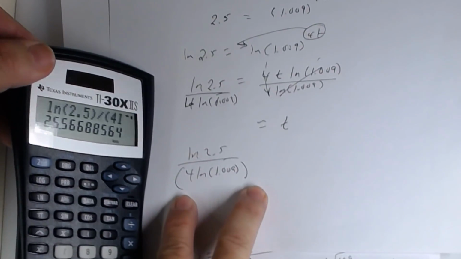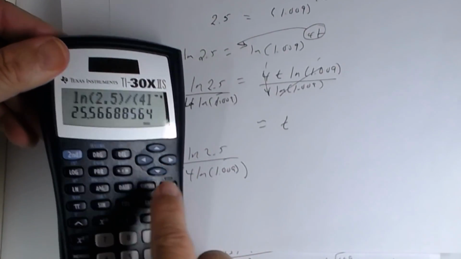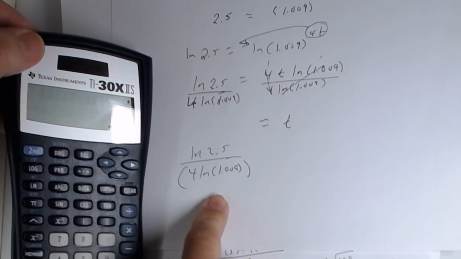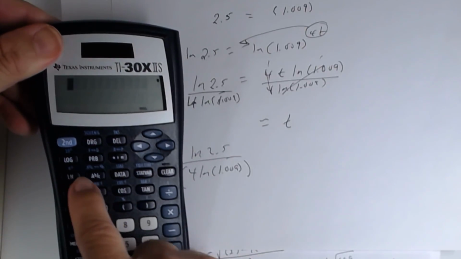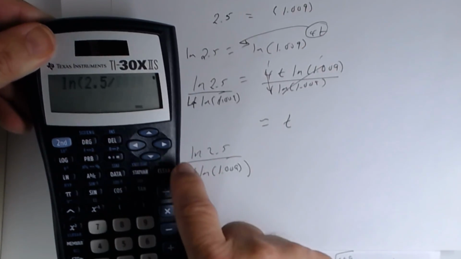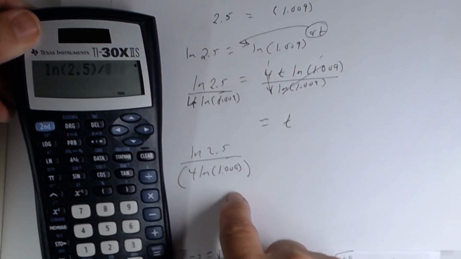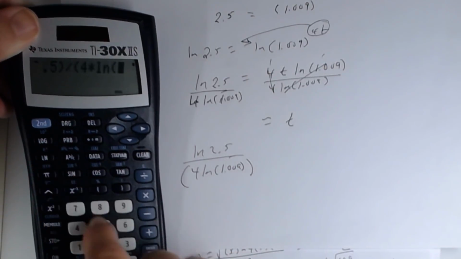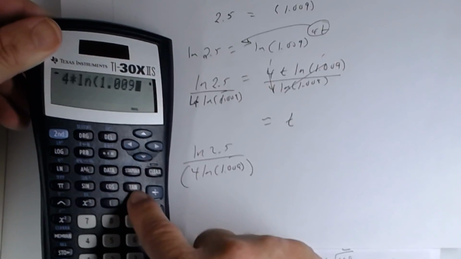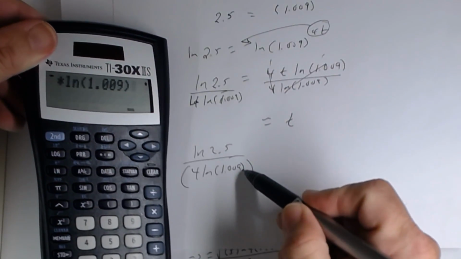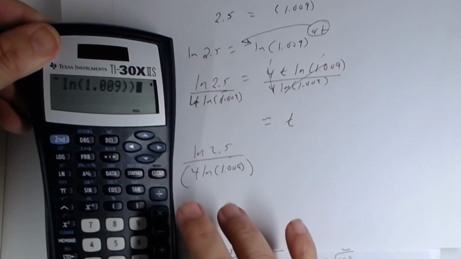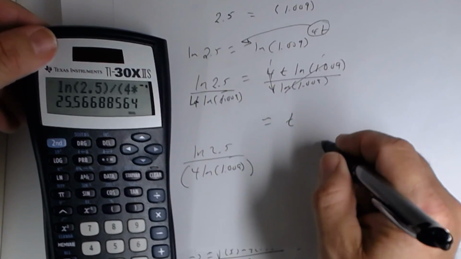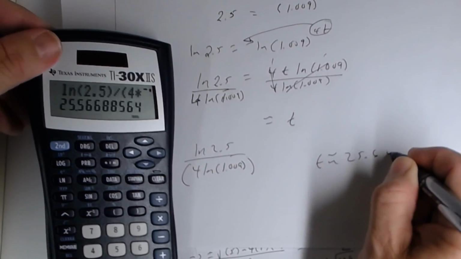On your final, make sure you put this in parentheses. So you're going to say natural log of 2.5, divide by, open parentheses, 4 times natural log 1.009. Close that one, and you have to close it again, right? And then press equal. And so 25.6 years. Okay, yeah, because that's what I got.